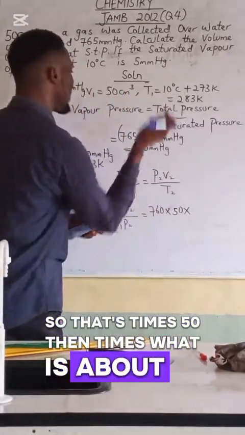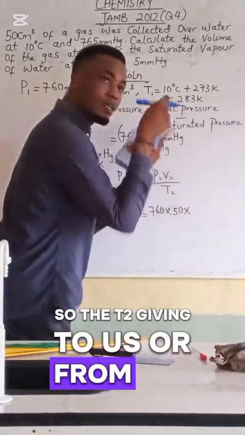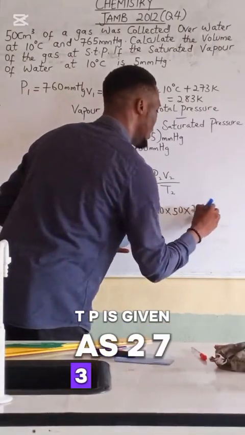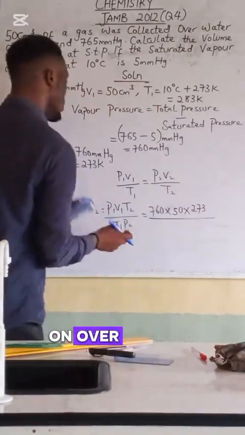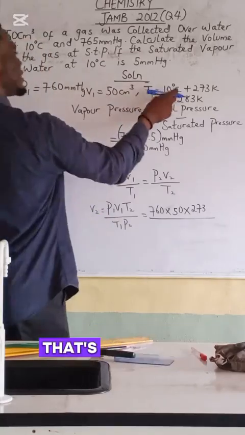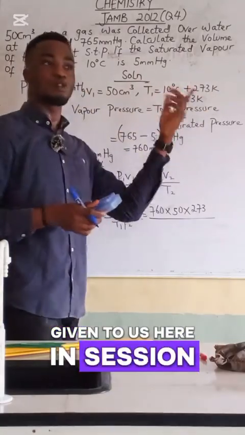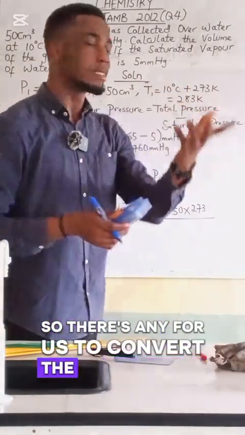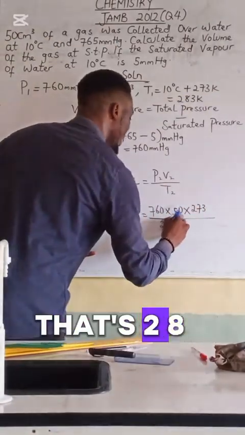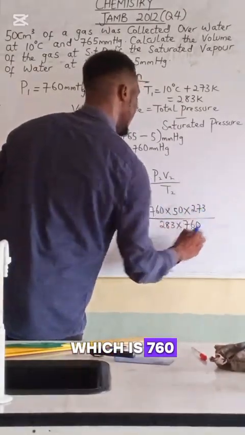Then times T2, the standard temperature, which is 273 Kelvin, all over T1. T1 is given in Celsius, so we convert it to Kelvin, which is 283, multiplied by P2, which is 760.